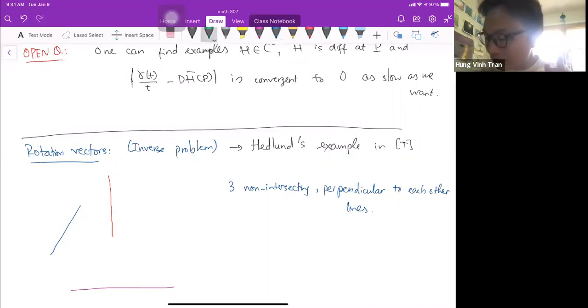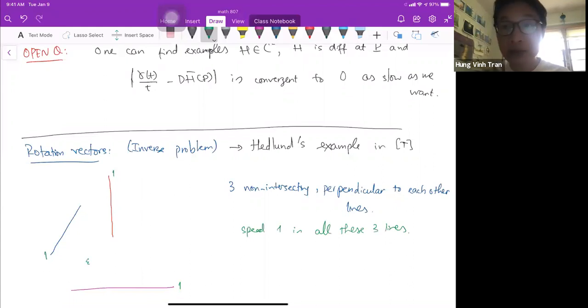The way I'm thinking about this is that your speed on each of the freeways is one, speed one on all three lines, and your speed is epsilon outside.